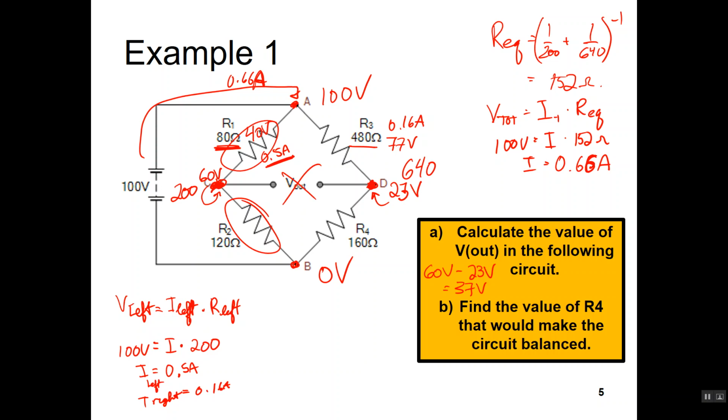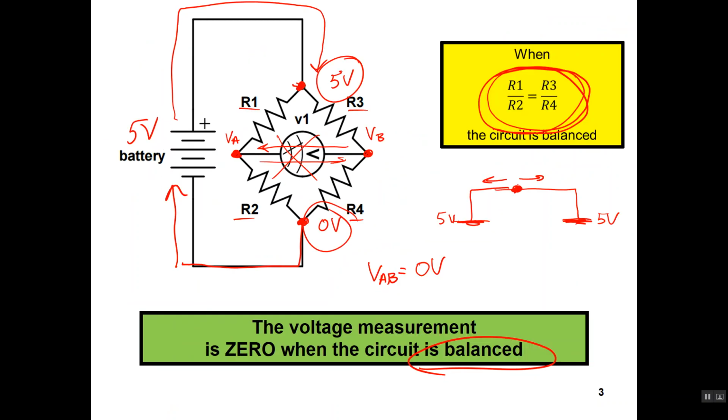Now the second part of the question is, what does this resistor R4 need to be if I want there to be no current across there, if I want the voltage difference to be 0. There is some complicated math to do, but if you go back 2 slides, we can use this relationship here. So just try to figure that out.